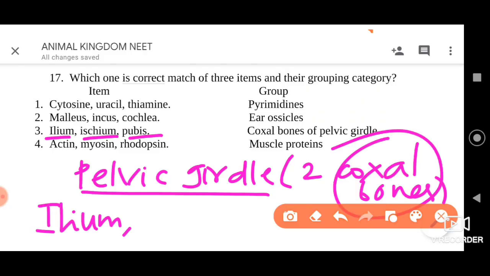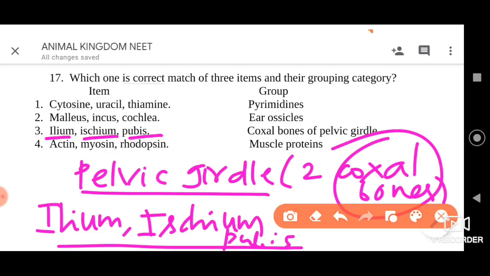So these three are indeed present as fused bones in each coxal bone, which is a part of the pelvic girdle. So now, dear students, with respect to this I can definitely tell that yes, coxal bones of pelvic girdle is given for ileum, ischium and pubis. So this is the correct option, my dear friends.